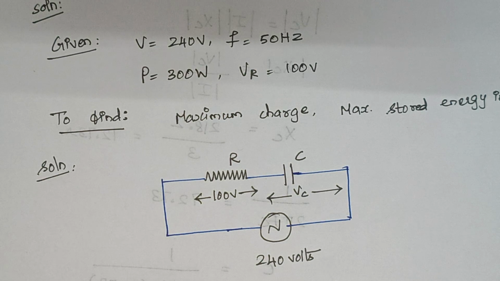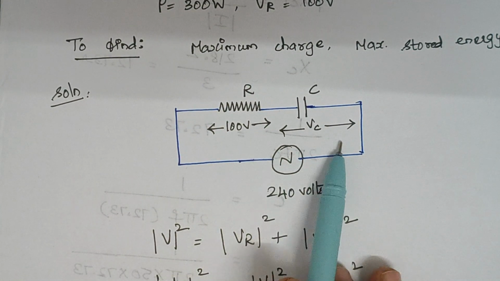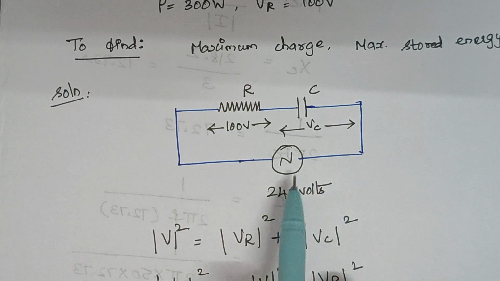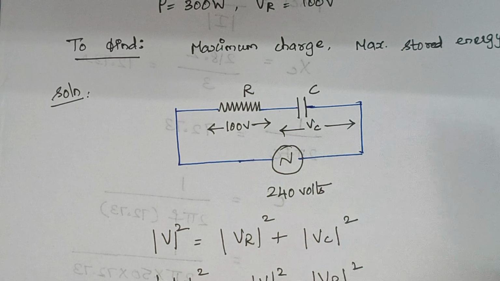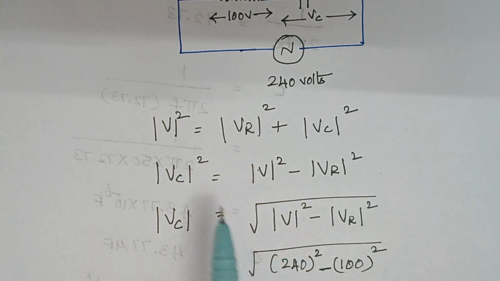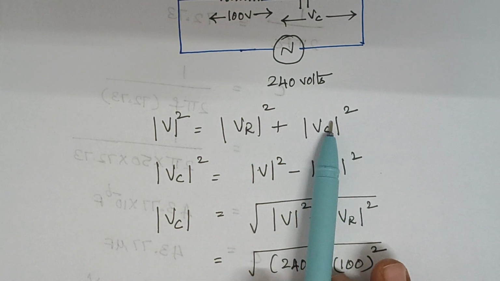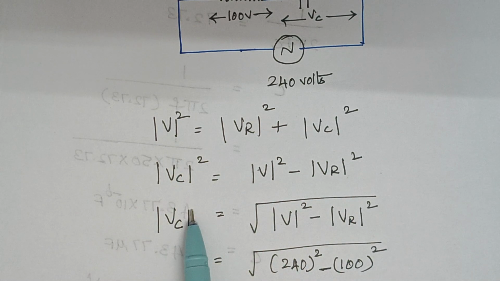we can use this formula, that is V square is equal to VR square plus VC square, right? So we know V square and we know VR square. So from this we can easily calculate the VC. So just substitute the values here, right? So we need VC, right? So VC square is given by V square minus VR square, and VC is nothing but square root of V square minus VR square.